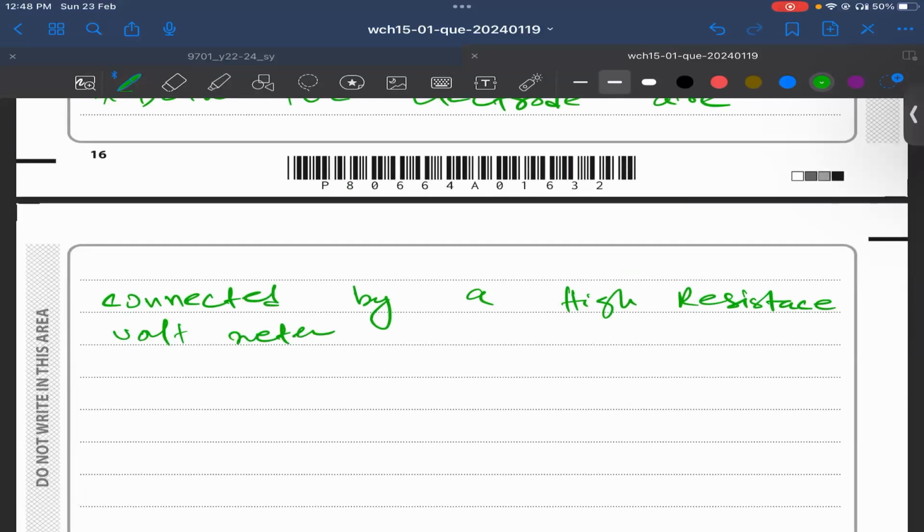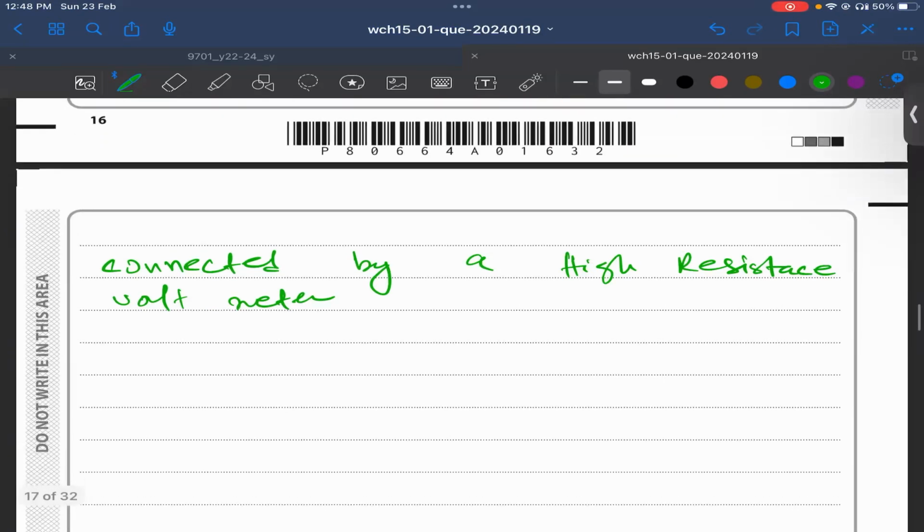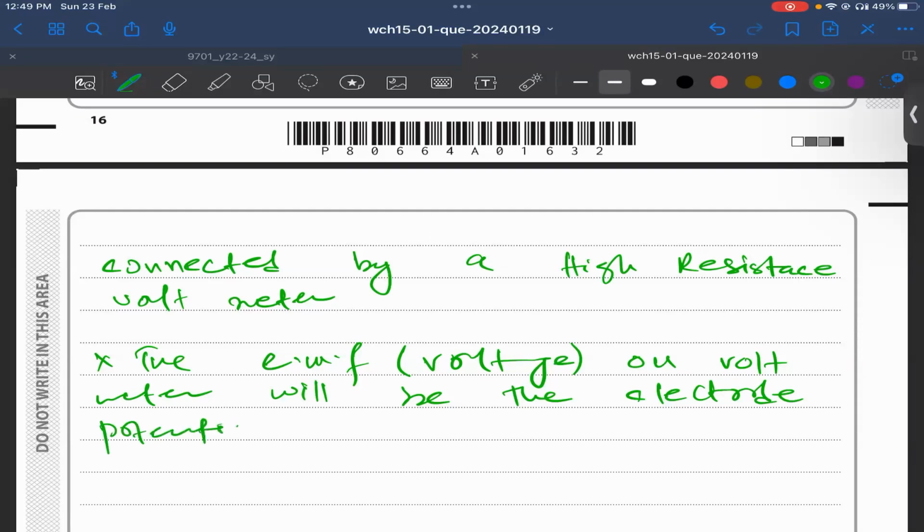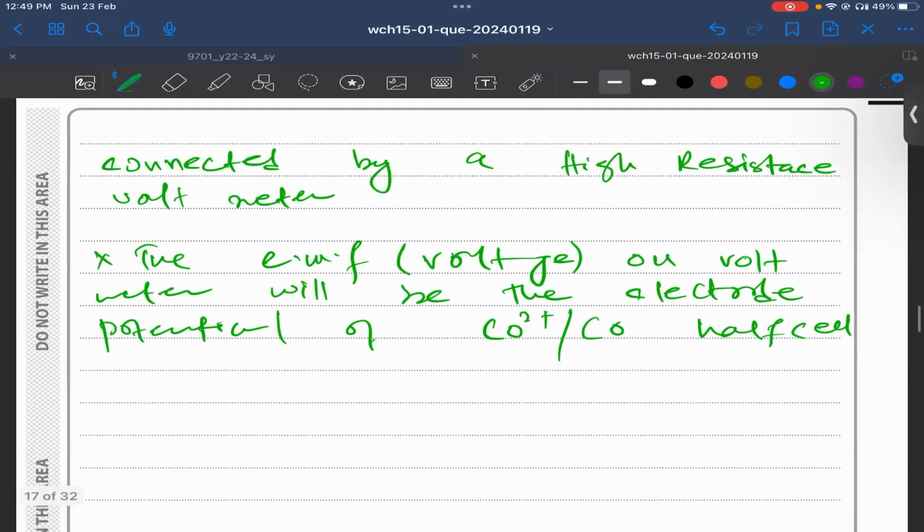We'll connect them to a high resistance voltmeter, and then the EMF or voltage we get on the voltmeter will be the electrode potential of the Co2+/Co half cell, as the standard hydrogen electrode has a zero electrode potential.